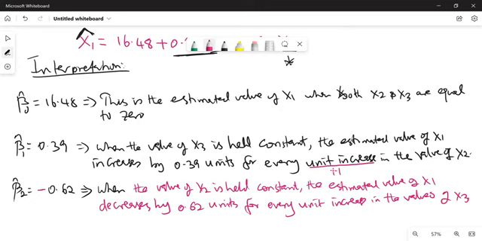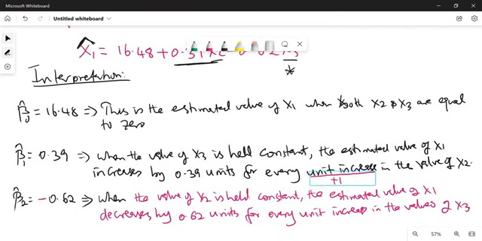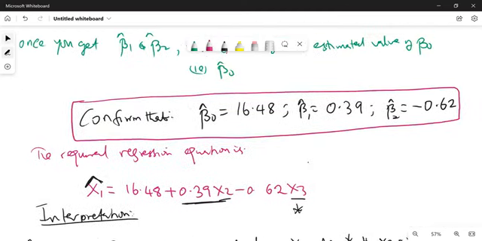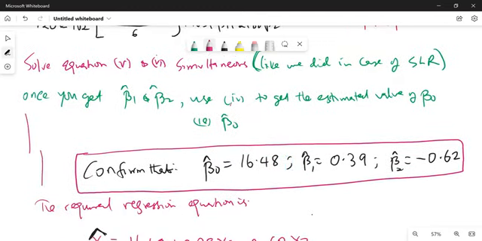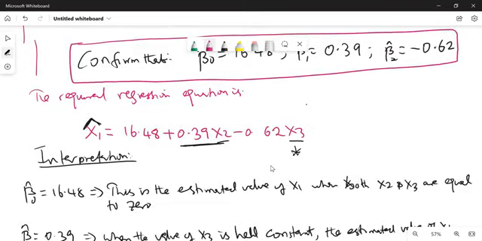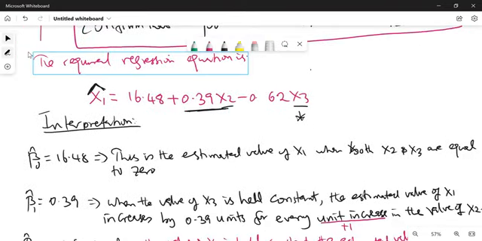So that's basically how you interpret regression coefficients. What you need to be keen with is the calculations, the simplification of these equations so as to obtain these regression coefficients. Then that is the interpretation. As we've seen, it's not very difficult.